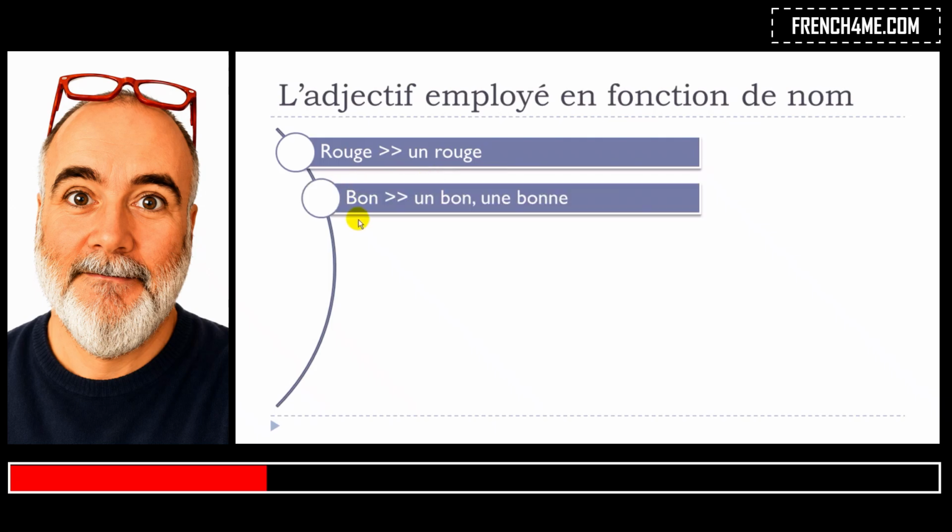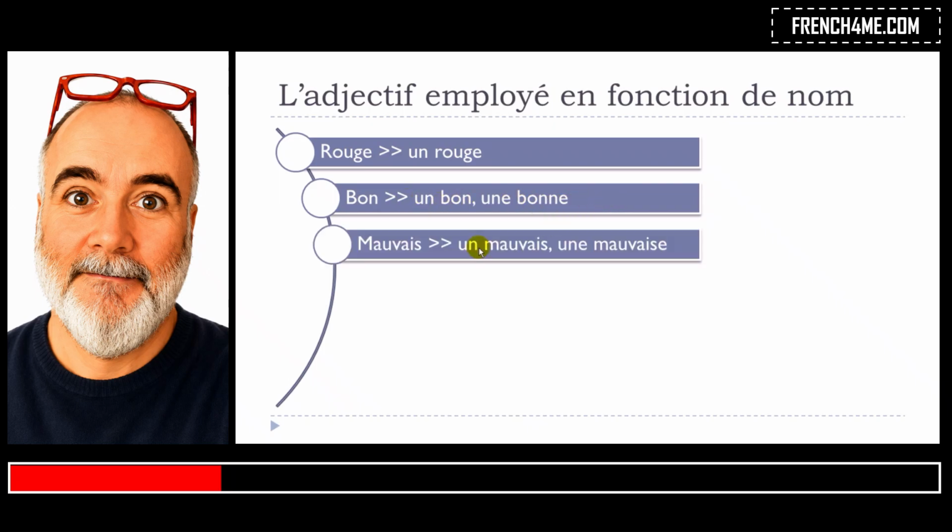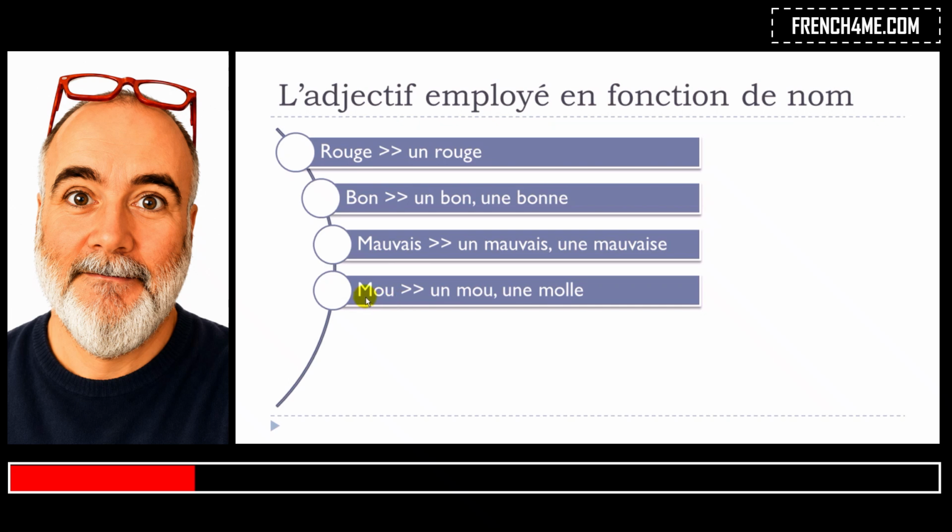Then bon, so in that case you can use the masculine and the feminine. You're talking about a person who is talented, who is good in something, un bon, une bonne, it can be something else than a person as well. Mauvais, un mauvais, une mauvaise, so same thing, it can be for a person or for a thing. Mou, un mou, une molle.